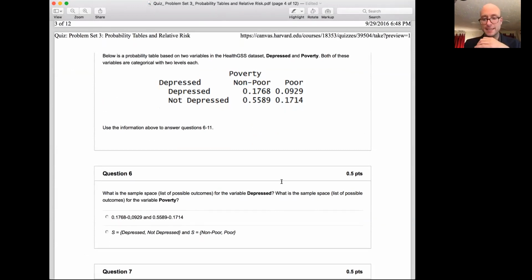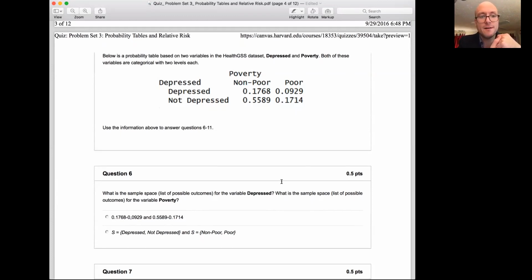Okay, as I said before, we go in score order. Use a musical term, or a Broadway term. We had our first bit of evidence, you could say, first bit of output. Now we're going to interpret this. The question is, below is a probability table. Now we know what this is. Based on 2 variables in the health GSS dataset, depressed and poverty.